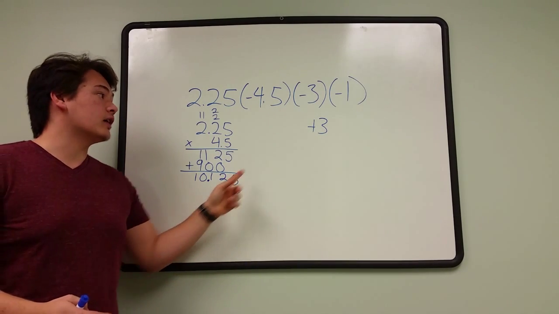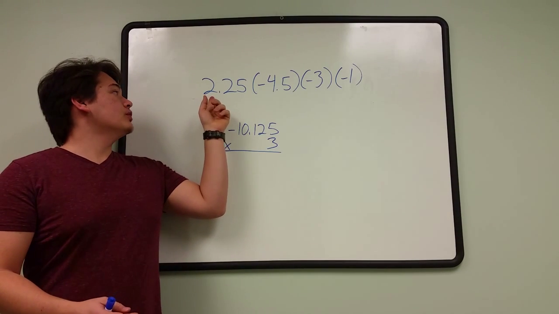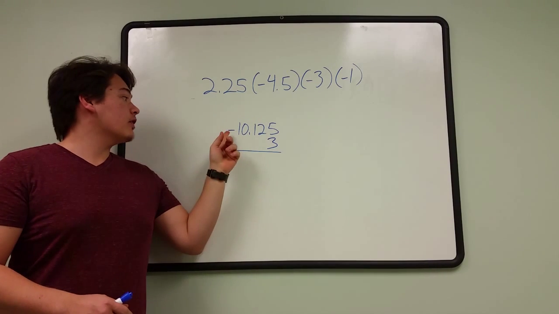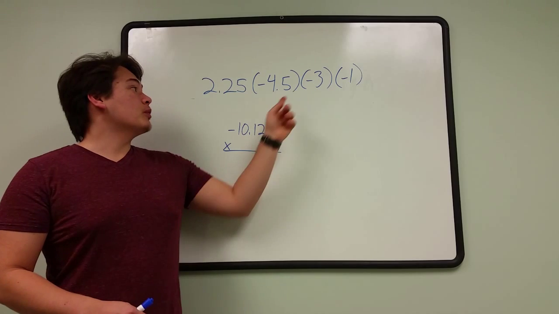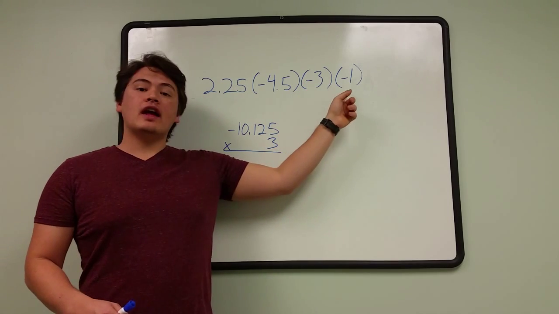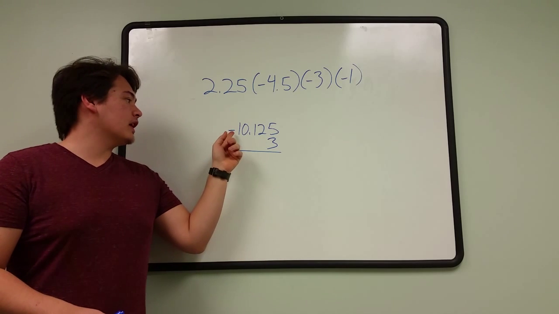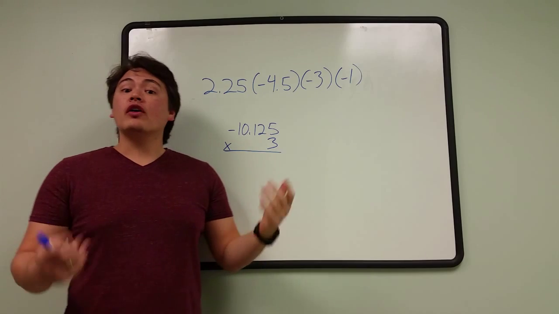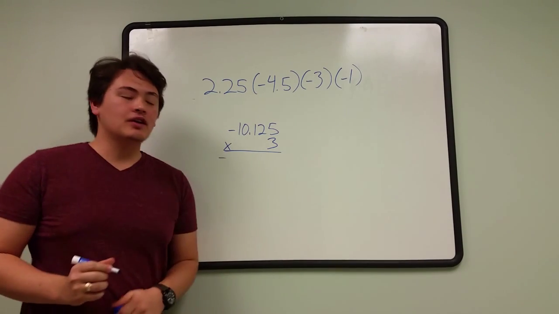So it's going to be 10.125 times 3. When we multiplied 2.25 times a negative 4.5, it gave us a negative 10.125. And when we multiply negative 3 and a negative 1, it gave us a positive 3. So when we're multiplying a negative 10.125 times a positive 3, our answer is going to be negative. So I'm just going to put a negative sign right here.